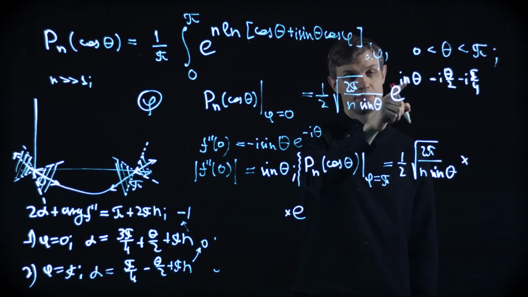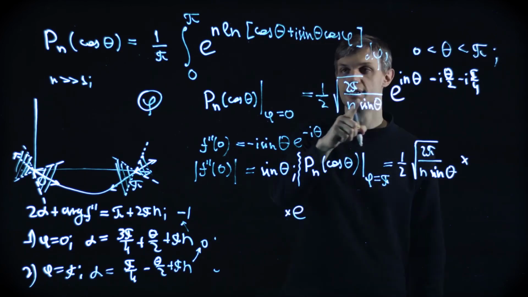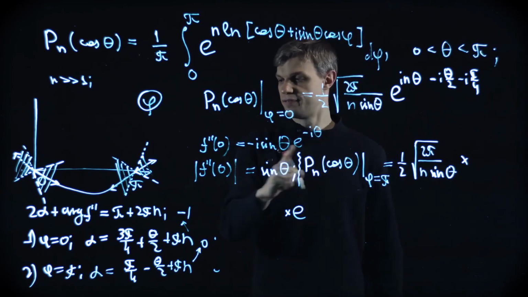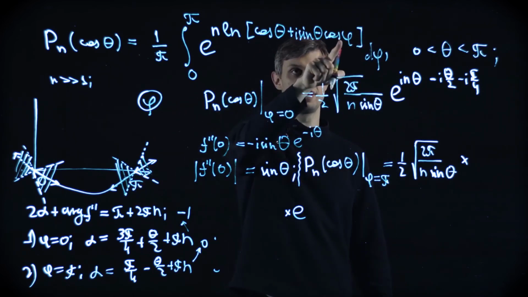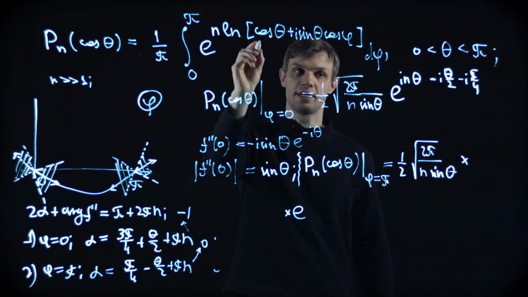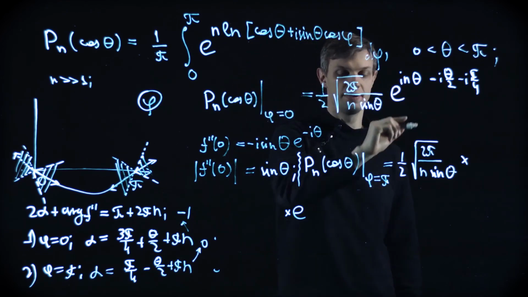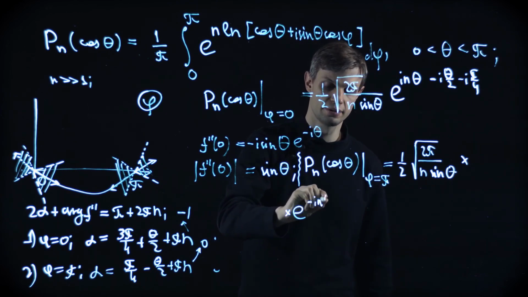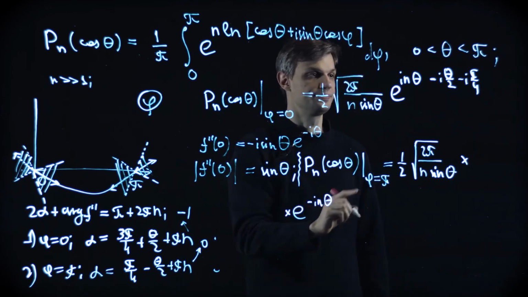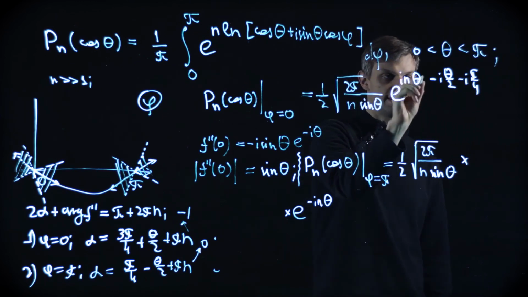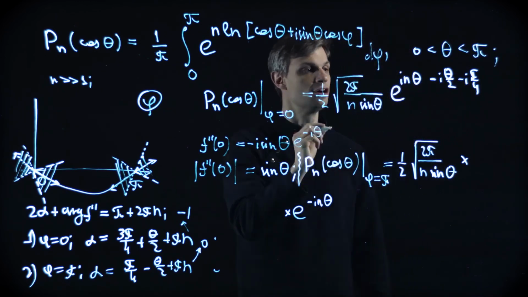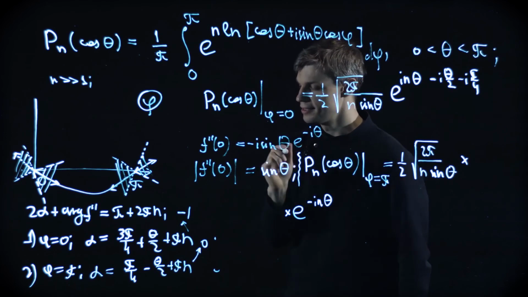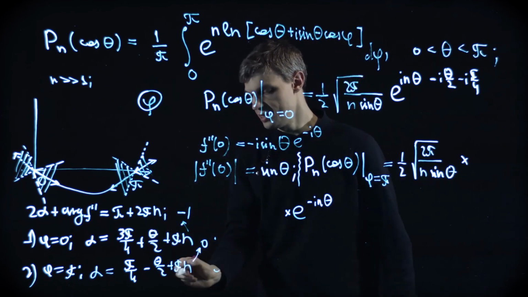an almost identical exponential, but of course, if phi is equal to pi, then we have minus 1 here, and instead of i n theta, we get minus i n theta. The rest is the slope of the steepest descent path, which is right here.